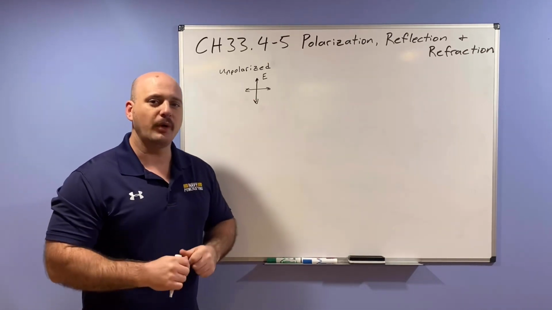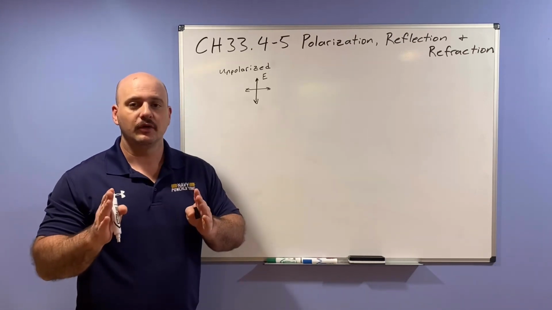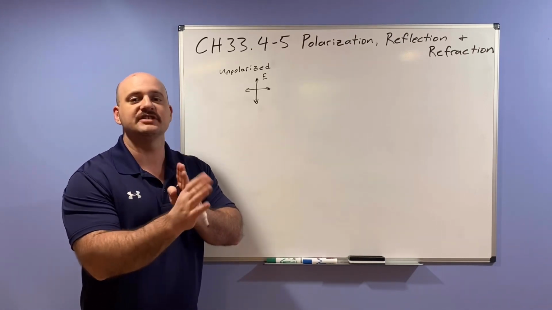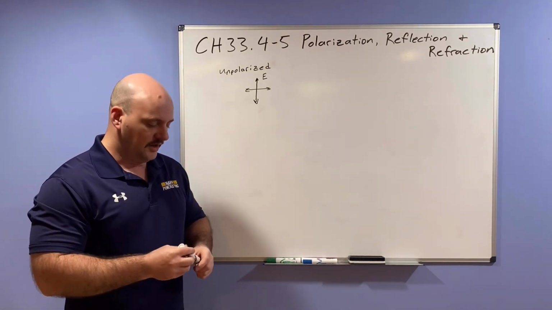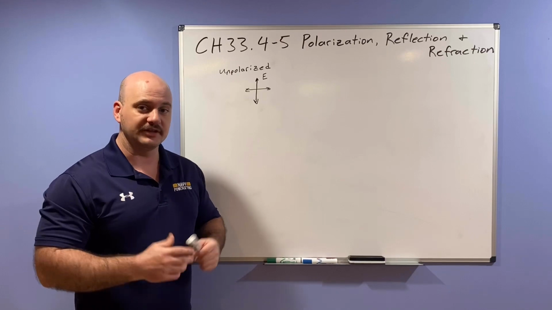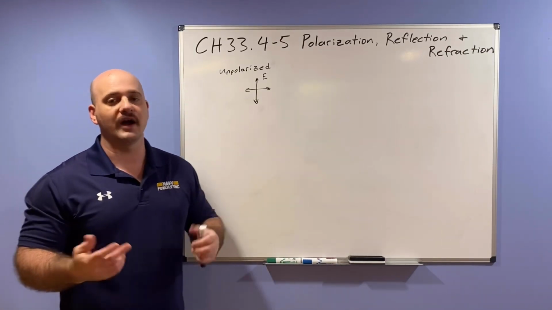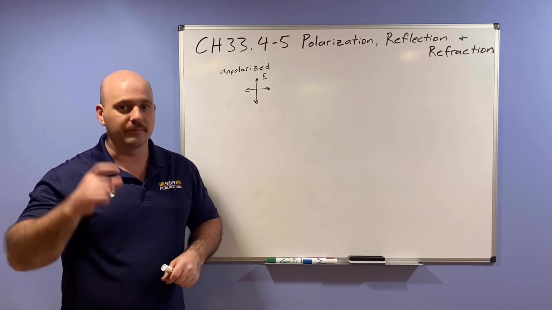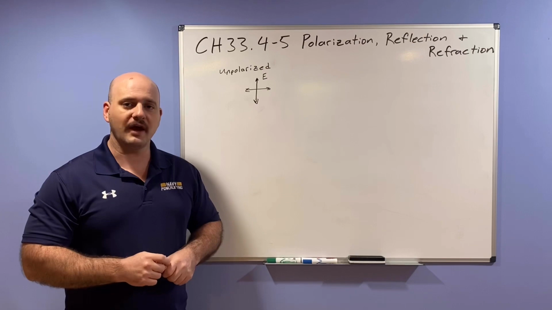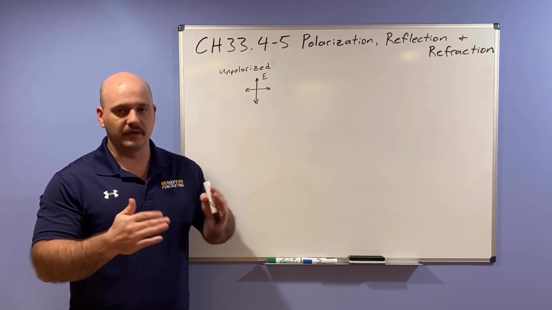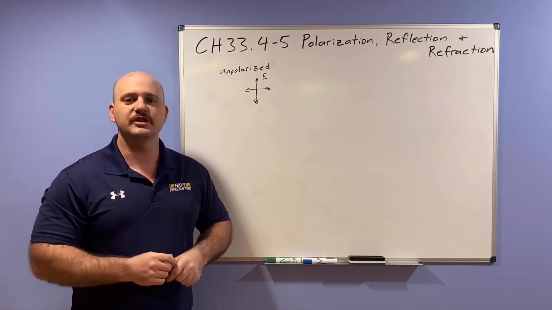Now, what polarization means is we get all of those electric field orientations all lined up in the same direction. And that can occur through a few different ways. But the one that we're going to talk about today is with a polarization sheet, or what's called a polarizer. You may have heard of these with polarized sunglasses. A polarizer is merely a sheet that's long chain polymers. It could be a film or something like that.